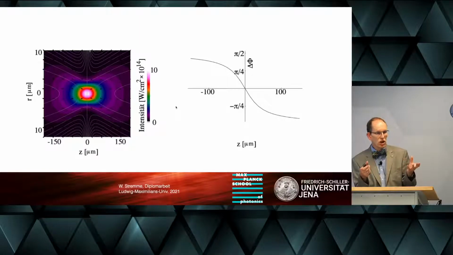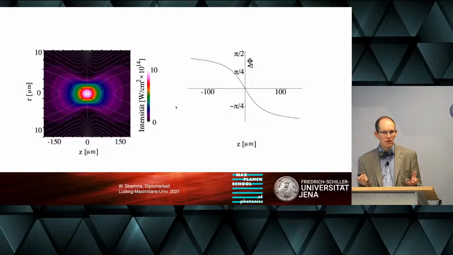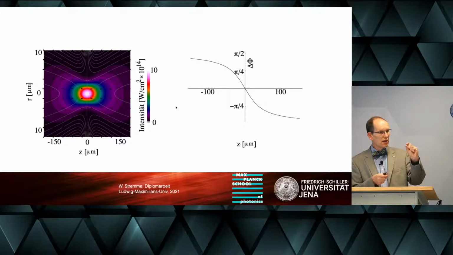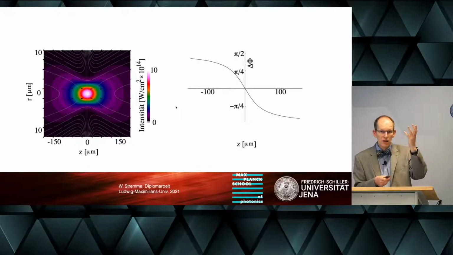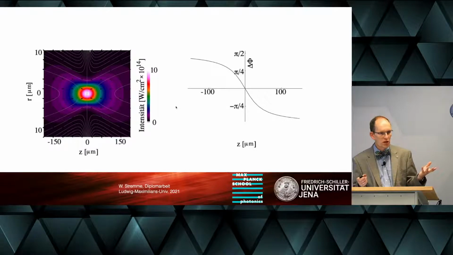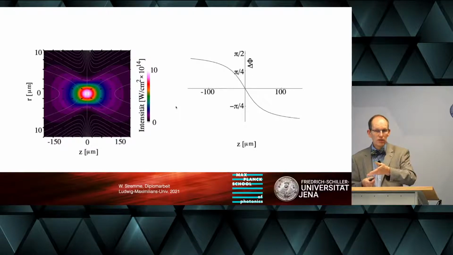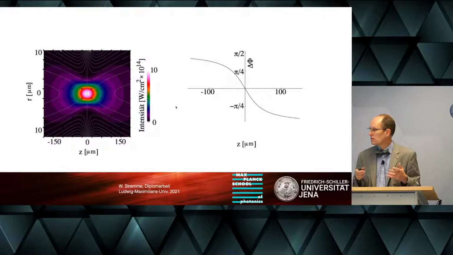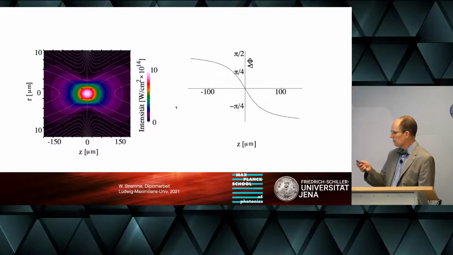So you all the time deal with a very complex situation. Typically, you may use a fiber compressor. Then at the exit of the fiber, the diameter of all colors is probably pretty much the same, and you would focus them, then all of them have a different divergence. So really a lot of fun.